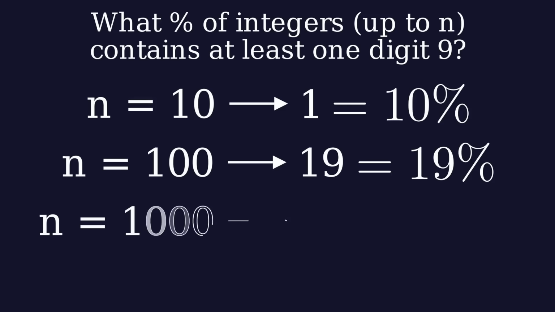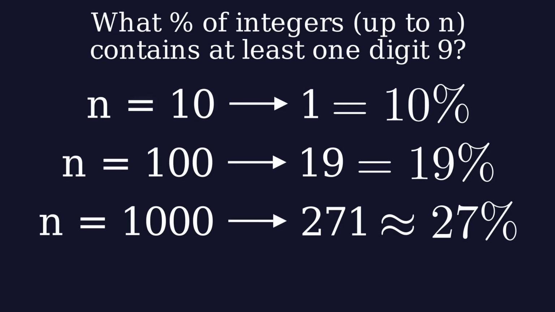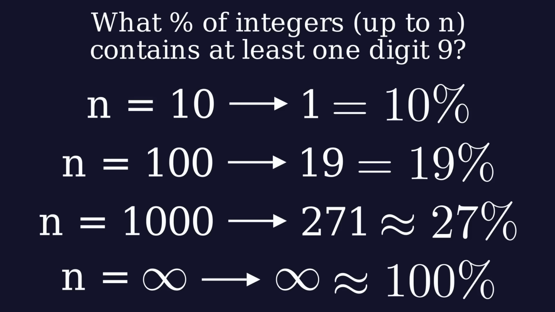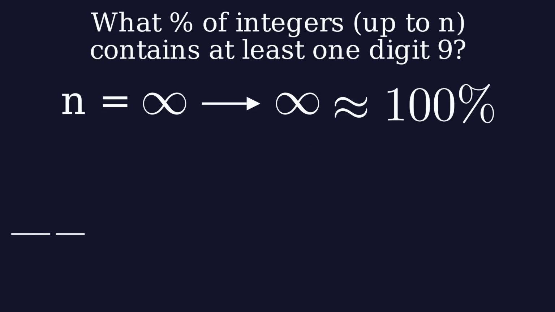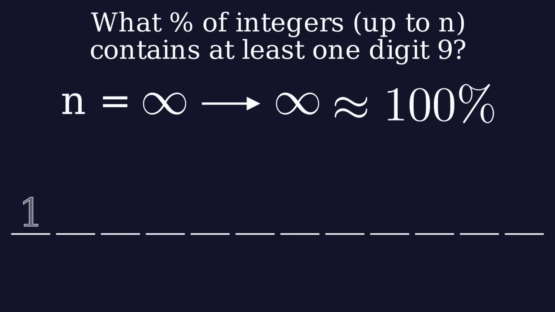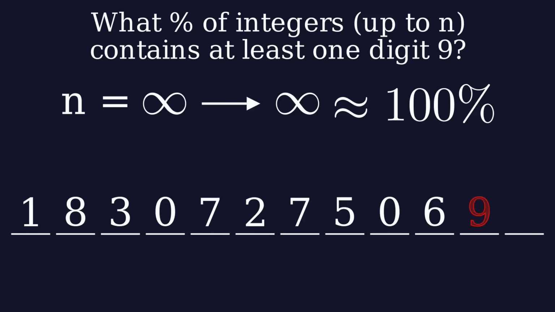In the first 1000 integers, more than 27% of them contain at least one 9. As we continue to analyze bigger and bigger numbers, the percentage of numbers containing at least one 9 approaches 100%. This is because with larger numbers that have more digits, it becomes increasingly difficult to find numbers that don't contain any 9s. N of these digits can potentially be a 9, and the chance that we get a 9 in at least one of those digits is very high.